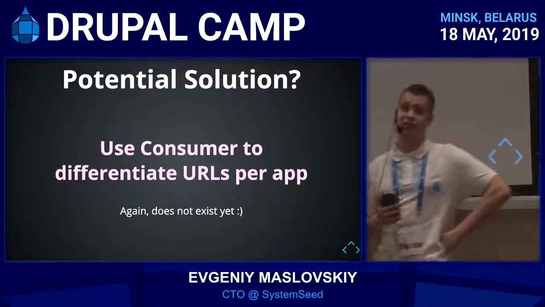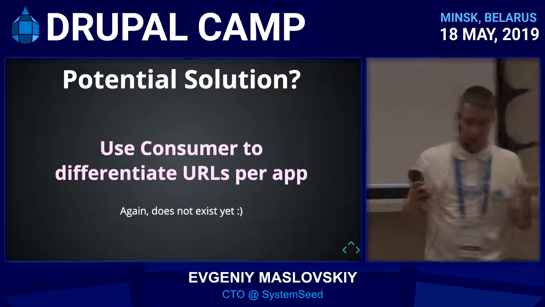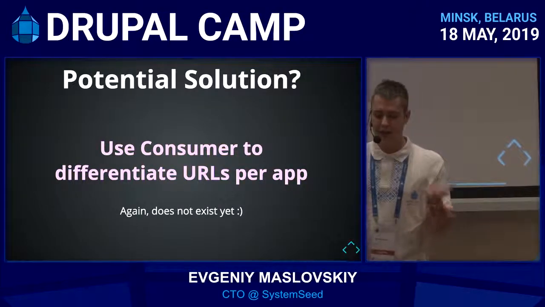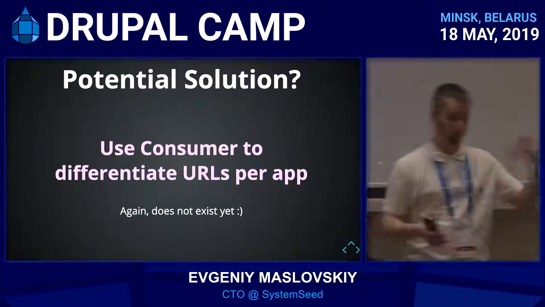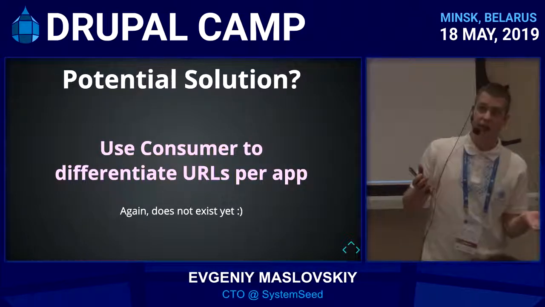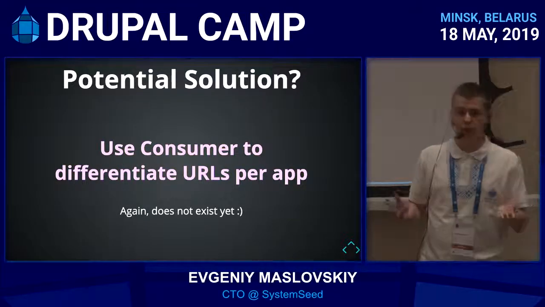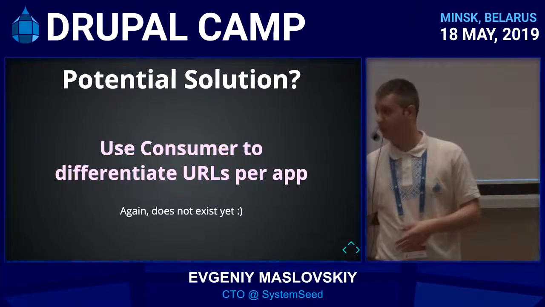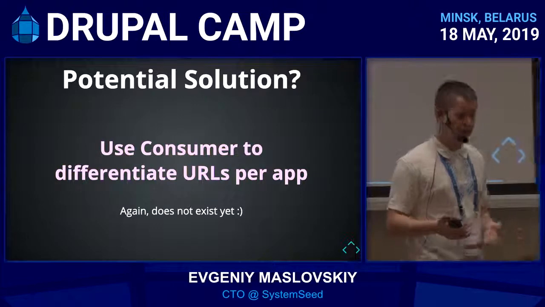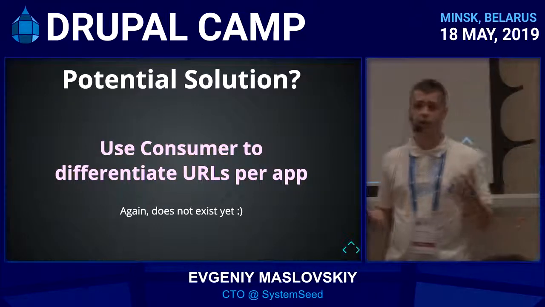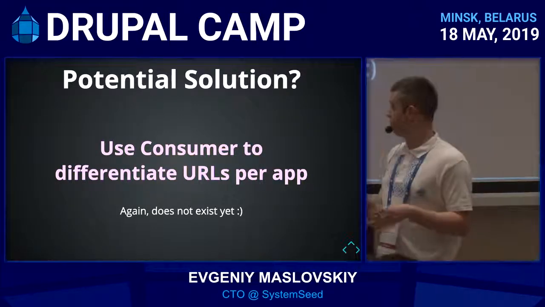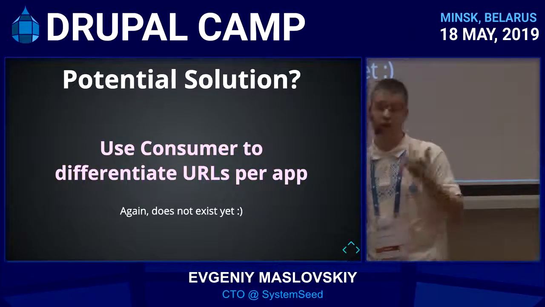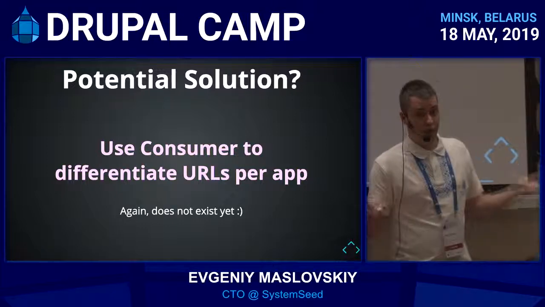The direction we want to take is, when content editors mark nodes with certain consumers, like consumer A and consumer B, to do something similar to how regional differences for the URL already work in Drupal. Right now in Drupal, you can have two /about pages for different languages, and that works flawlessly well.